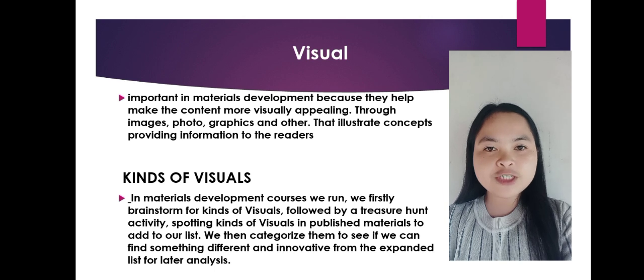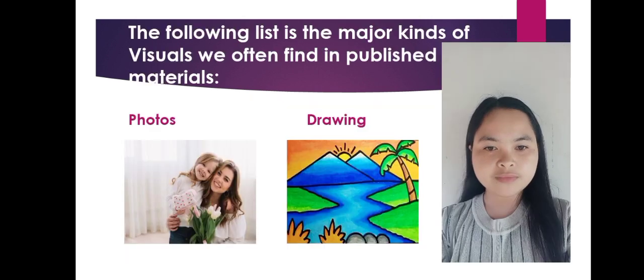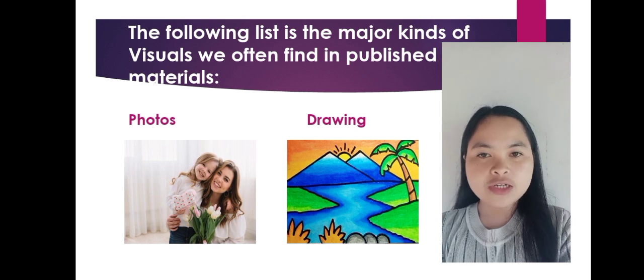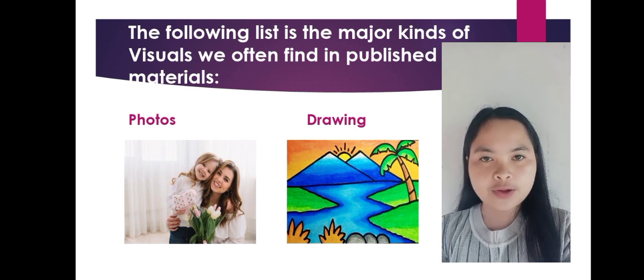By actively searching for visuals in existing materials, participants can gain a better understanding of the types of visuals commonly used in education resources. The following list contains the major kinds of visuals we often find in published materials. First, photo.